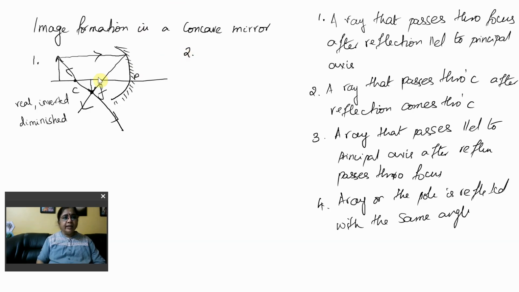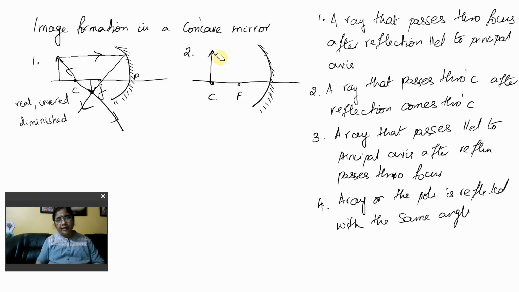Second case. So here your object was beyond C. So where can your object be next? On C, right? So in the second case, you have an object on C. This is my C. This is my F. My object is on C. I can take two cases.